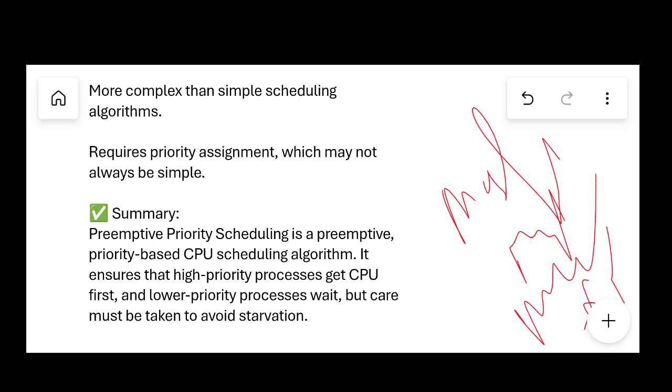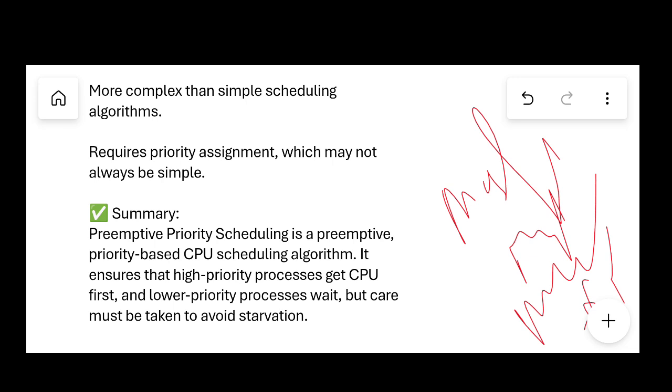This ensures that critical operations don't have to wait, which is why this method is often used in real-time systems like medical devices, air traffic control, or stock trading applications where delays can be costly.